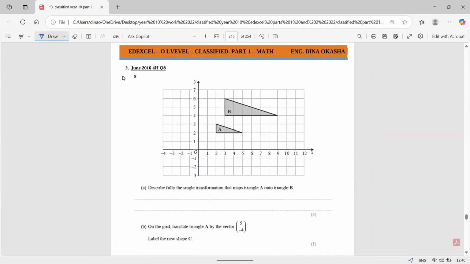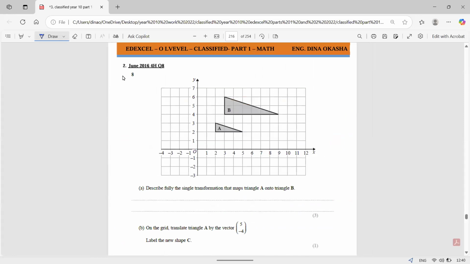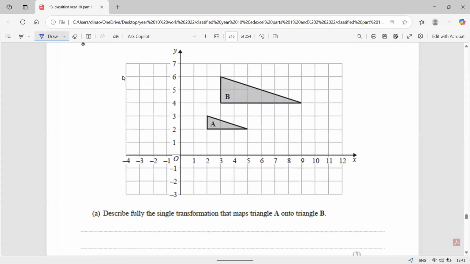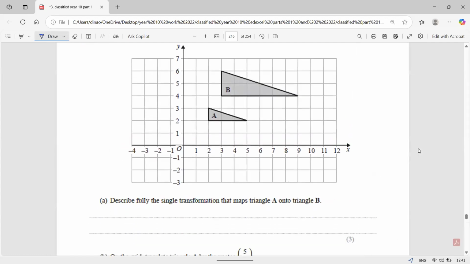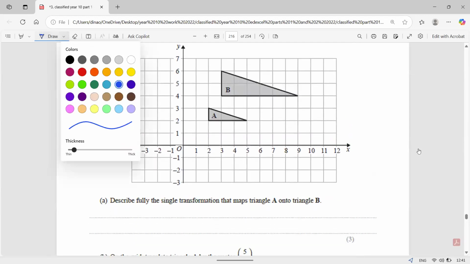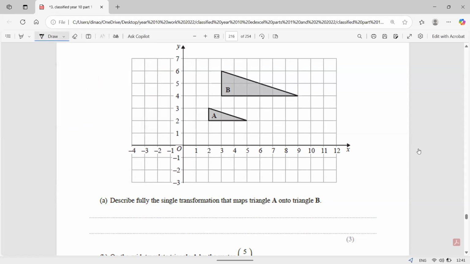Let's look at this question over here. It gives me the object and the image and asks me to describe what happened. Describe fully the single transformation that maps A to B. The enlargement is the easiest to spot because, as we said, enlargement simply means change of size. Who is the object, who is the image?